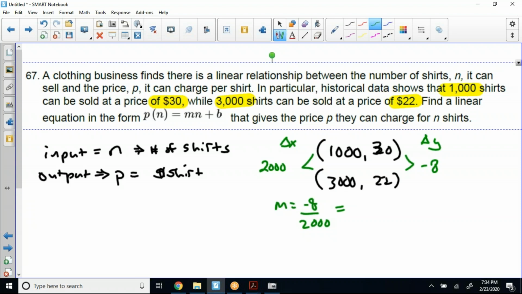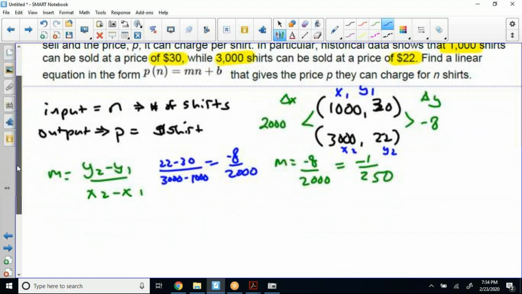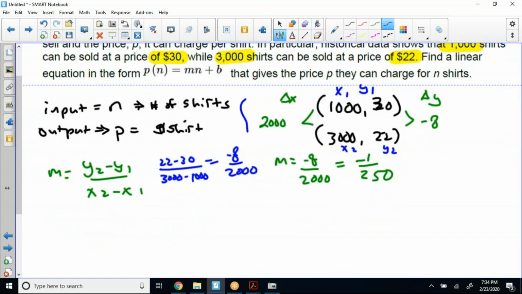I want that as a fraction, so that would be -1 over 250, right? But if we did slope traditionally, we'd say that's x1, y1, and this is x2, y2. Then we would go 22 minus 30 over 3,000 minus 1,000, and we'd still get -8 over 2,000, right? So that shows you how you get the slope 2 ways.